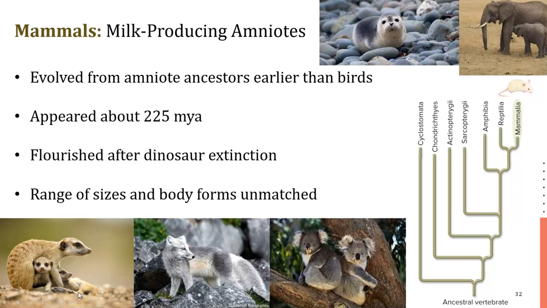So our mammals are the milk-producing amniotes. Remember that the amniotes are categorized by having an egg in a protective shell. So the reptiles that we talked about already have a hard shell or a leathery shell, and then we talked about the different characteristics of that egg. Mammals have an amniotic egg, but it is fully enclosed inside the mother.